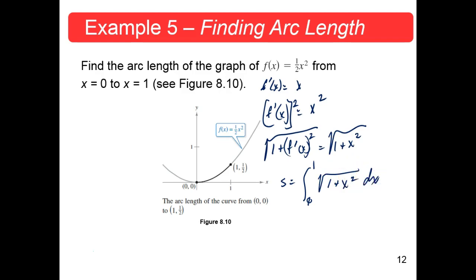Now, I don't know if you remember how we did that, but if you remember, it was taking little sections of this and assuming they're straight lines, and then those straight lines would be the hypotenuse of dx and dy, and dx is just 1, and dy/dx is that, and you take the square root of 1 plus y prime squared, and that's what you're doing, summing all those up. So, there's the arc length.